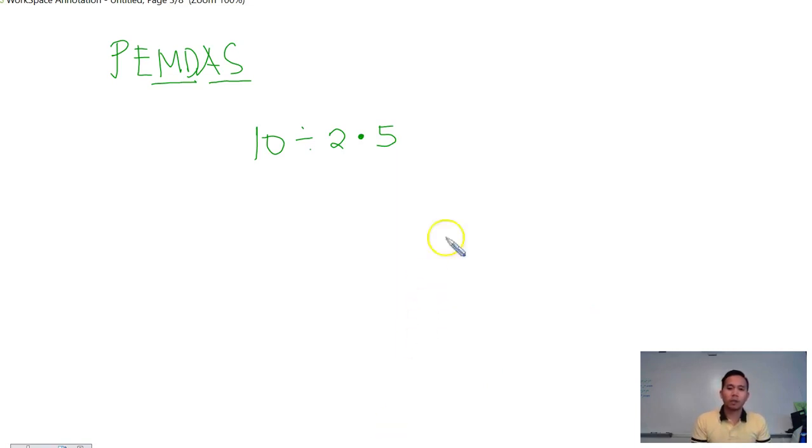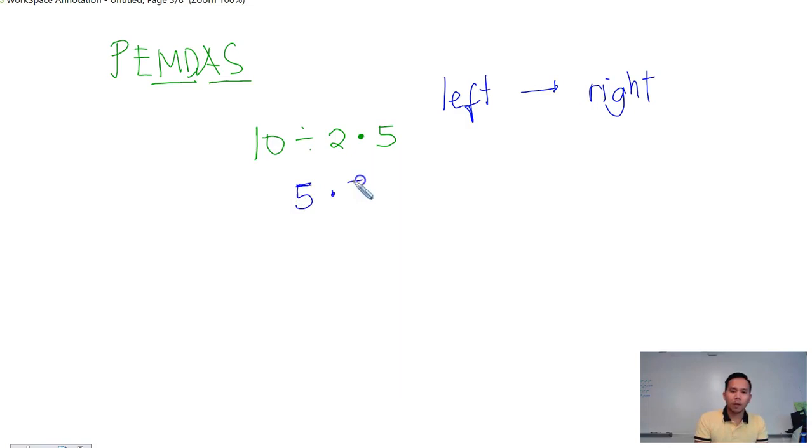As I am telling you, there's a huge debate on this. But again, we have to apply the rule, which is from left to right if they have the same operation. So 10 divided by 2 is 5, and then you multiply that by 5, which will give you 25. That is an equal sign, sorry.